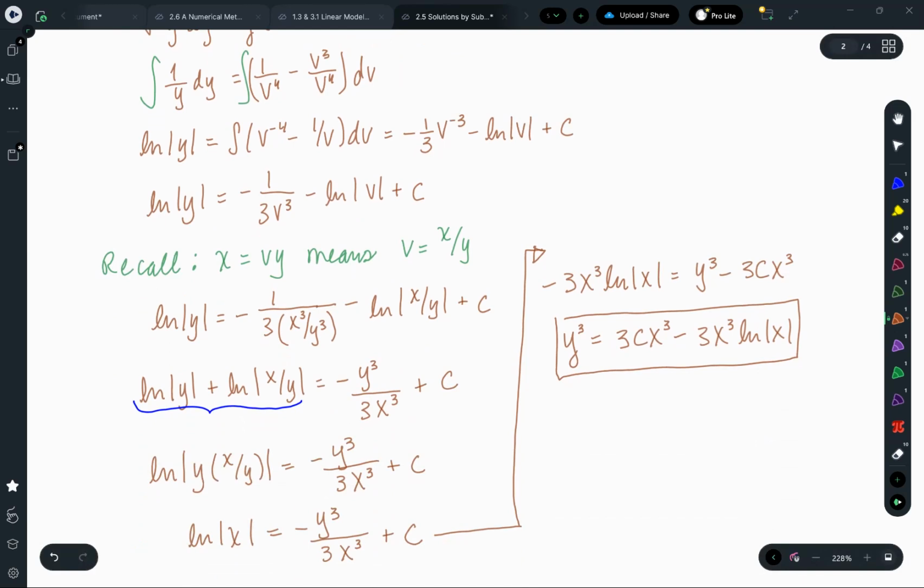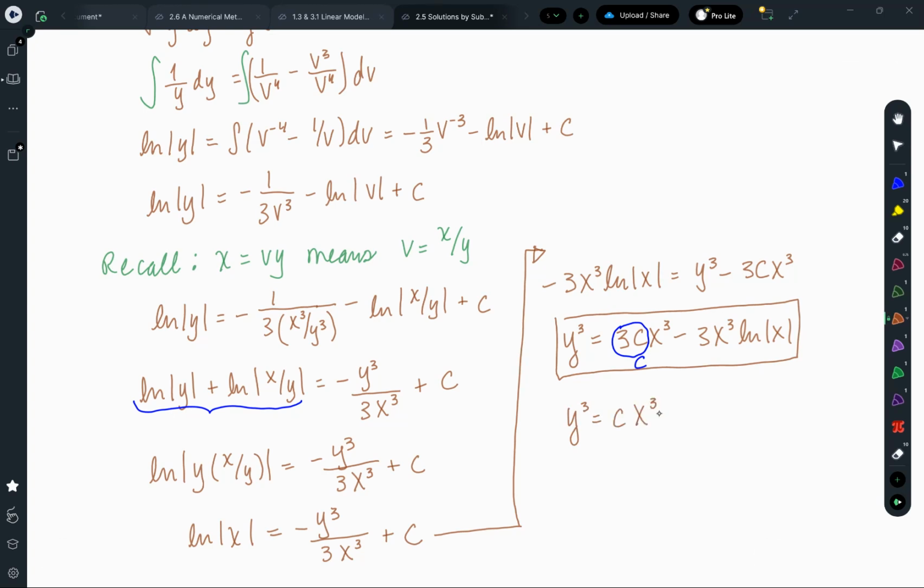So we could technically rewrite this because 3c is just c to begin with. It's still just a constant. So we could say, oh, well, y cubed is just simply cx cubed minus 3x cubed natural log of the absolute value of x. But whether we get rid of the 3 or not doesn't really matter. If it makes you feel more comfortable to keep the 3, then go for it.